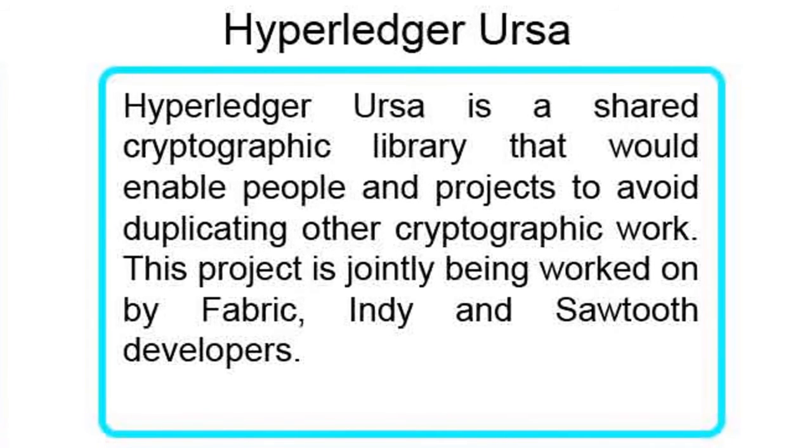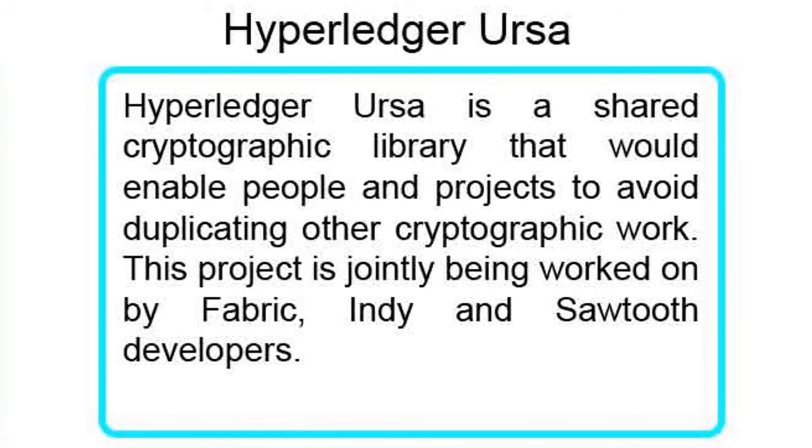Finally, we have Hyperledger Ursa. Hyperledger Ursa is also a new project which started in 2019, and this is more of a shared cryptographic library that could enable people and projects to avoid duplicating the cryptographic work. Suppose you are working with Hyperledger Fabric or Hyperledger Sawtooth, we are duplicating the cryptography material which we are using there.